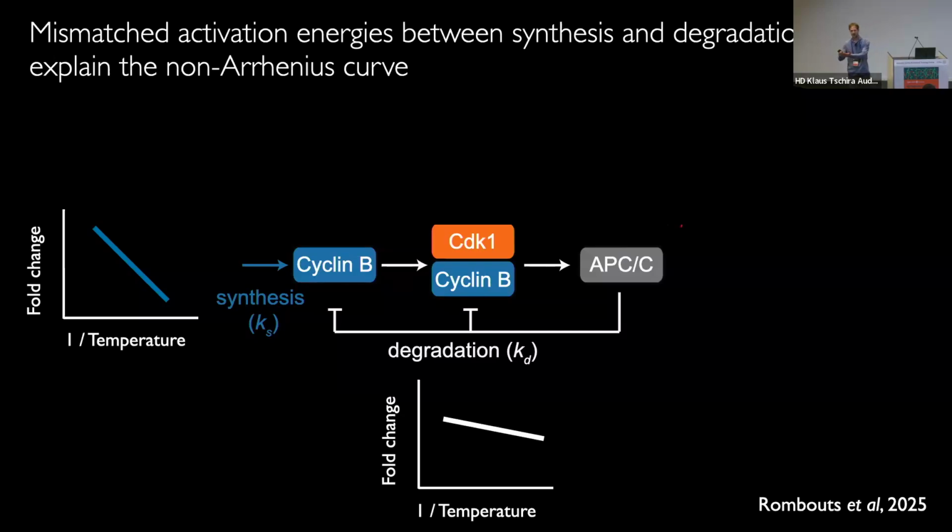And at high temperature, the synthesis speeds up faster than degradation, and so you get stuck in mitosis at high CDK1 activity. And at intermediate temperatures, you curve away from the linear response curve. So it's a network property that leads to this non-Arrhenius scaling because of a mismatch in these two processes and how they scale with temperature.